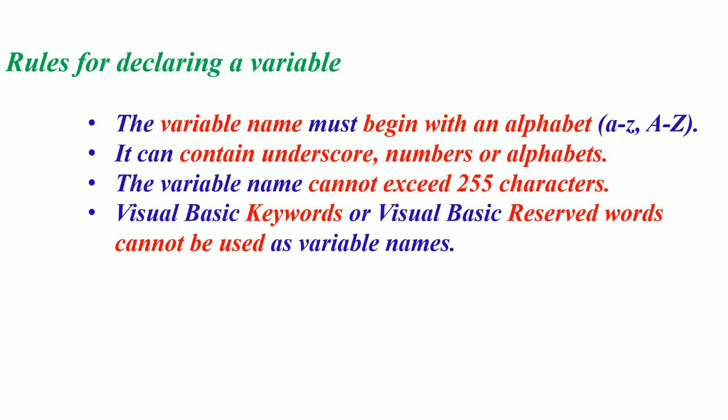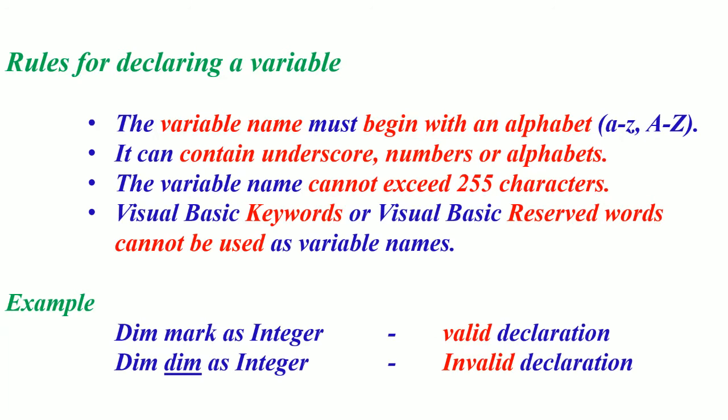That is the fourth rule. Let us see an example. Dim mark as integer is a valid declaration, but Dim Dim as integer is an invalid declaration. Here Dim is a keyword that has a predefined meaning, so we can't use it as a variable name.